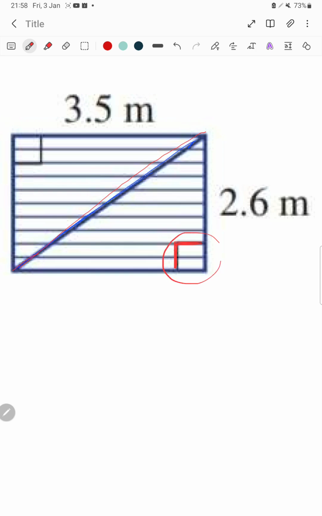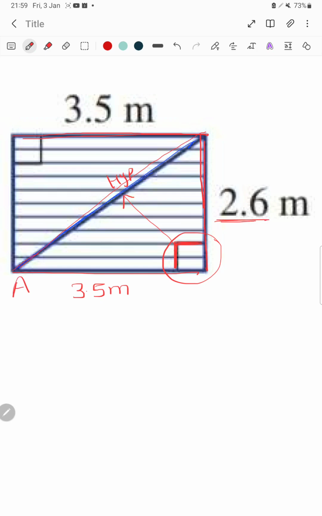Either it will be drawn like this, so that you can understand it's a 90-degree angle, and the side opposite to this is the hypotenuse. Now this is like a rectangle, so if this side is 3.5 meters, obviously this side will also be 3.5 meters, and this vertical length is given as 2.6 meters.